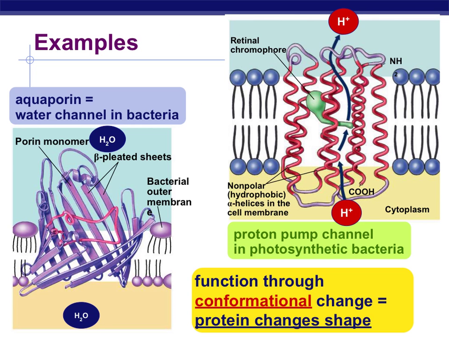So just a couple examples here. You've got aquaporins that are water channels that allow water molecules to move freely across a cell membrane. You've got proton pumps that, again, are set up due to certain characteristics of these amino acids that make up the proteins. You're allowed to pump ions or protons, specifically, across membranes.